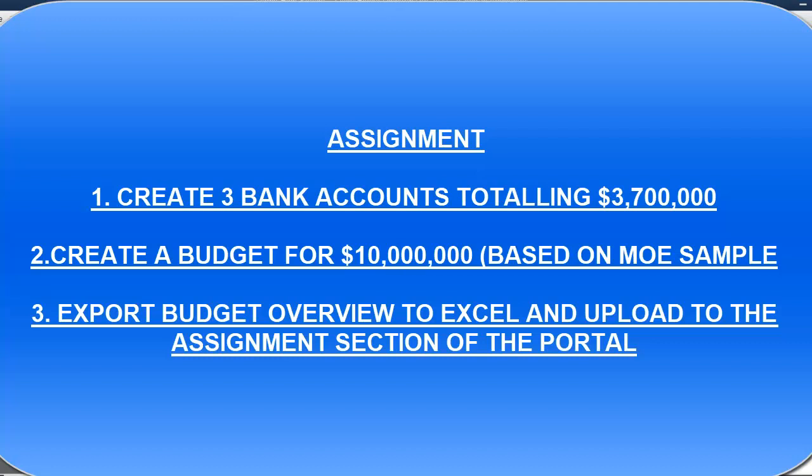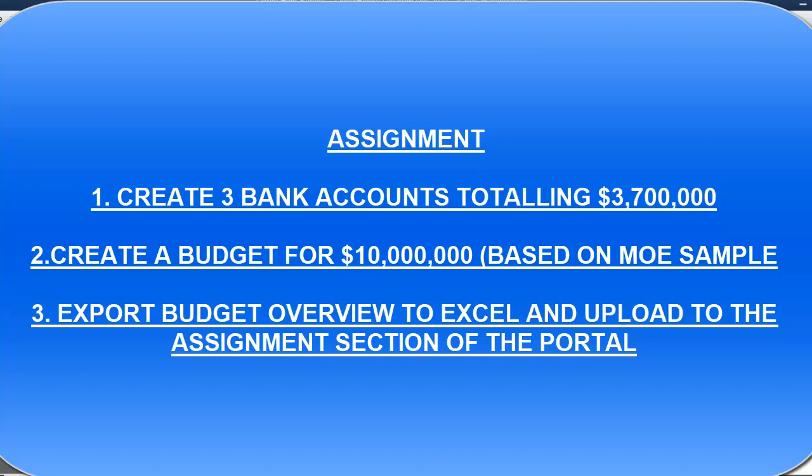So the total that I want you to have for bank and cash is 3.7 million. It doesn't matter what you want to call the bank accounts. We just need to have 3 bank accounts, and one of the accounts should be 1 million, 1.2 million, and 1.7 million.